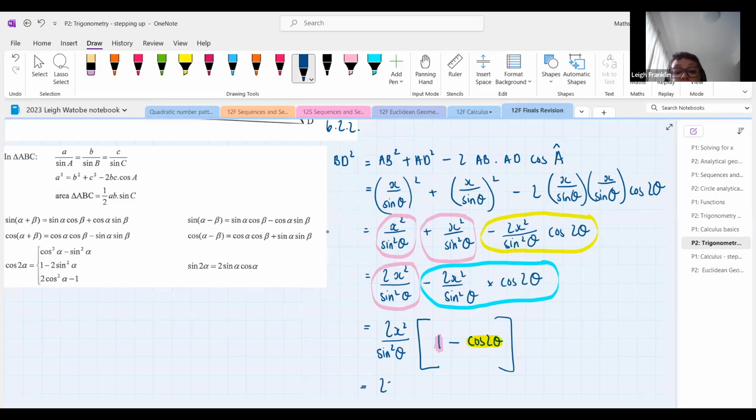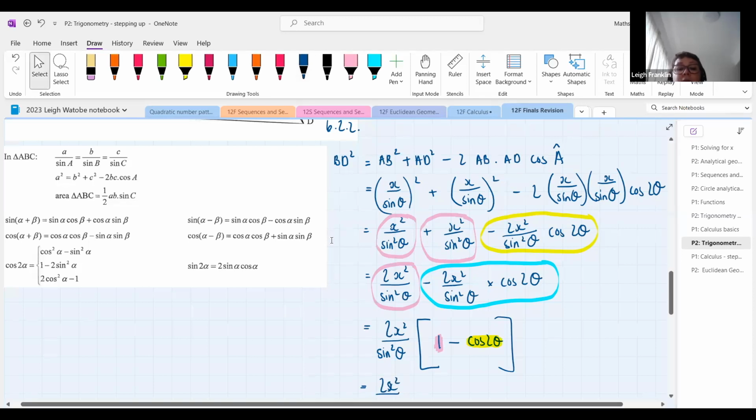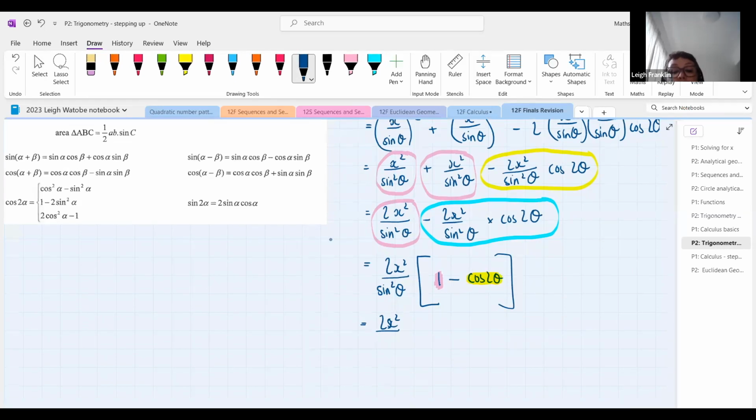Okay, so I'll bring out 2x squared over sine squared theta. And then over here, I'm going to do this: 1 minus 2 sine squared theta, like so. So let's leave the 2x squared over sine squared theta out there.